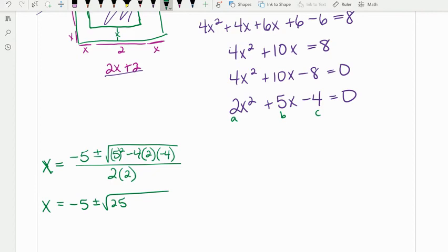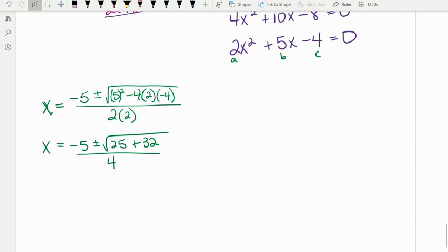Negative 4 times 2 is negative 8, and negative 8 times negative 4 is positive 32, all over 4. So x equals negative 5 plus or minus the square root of 25 plus 32, which is the square root of 57, all over 4. That would be our exact answers.